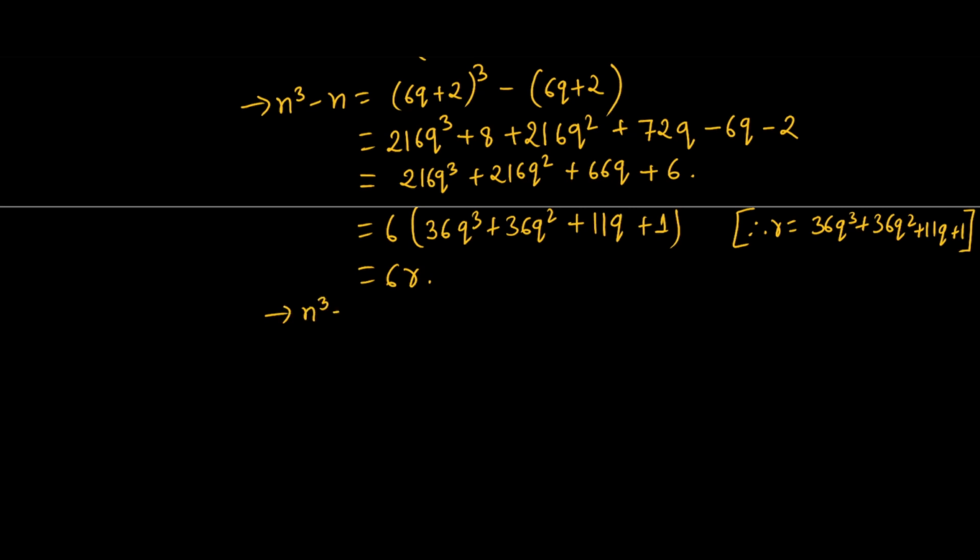n cube minus n is equals to 6q plus 3 whole cube minus 6q plus 3.